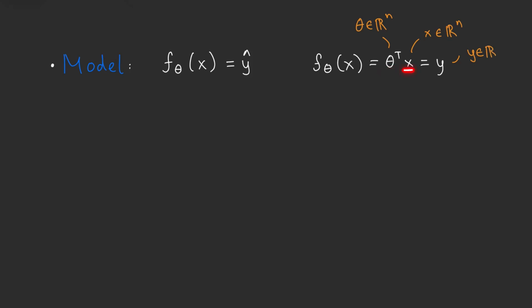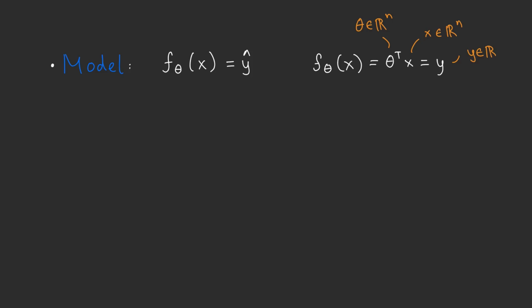So for example, x can now be our vector of the size 2 in our regression problem. That would have been the apartment size and number of rooms. And theta would now be 2 values, theta 1 and theta 2. So what we get here is theta 1 times x1 plus theta 2 times x2. And our output would then be a linear combination of our input. And that would be our prediction.